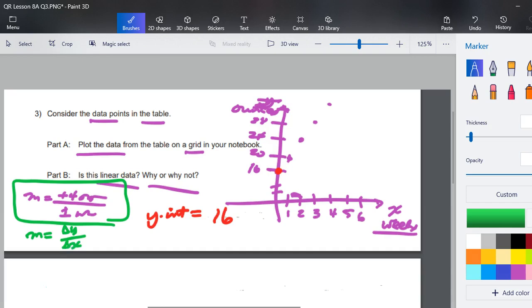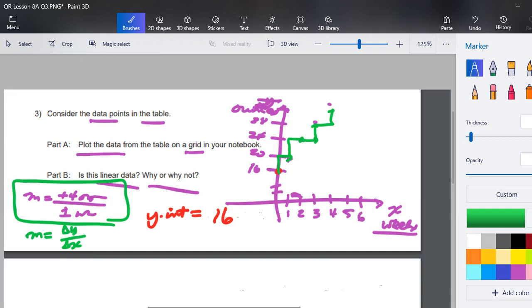But this is really cool that you start to see that for every 4 ounces we go up, it's representing 1 week. 4 ounces up, it represents we are going over 1 week, or for every 1 week that we go over, we are increasing 4 ounces. 1 week, 4 ounces.